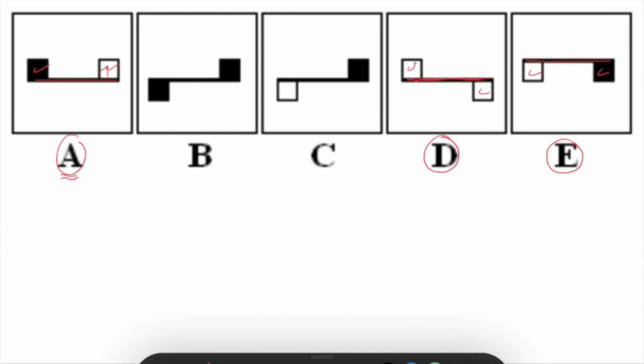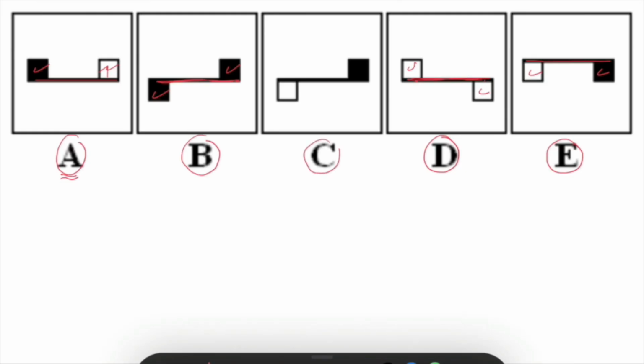In B we have the line, with a black box on one side and another box on the other side. So you can figure out something here: when boxes are on the same side, they have different colors. When boxes are on different sides of the line, they have the same color.